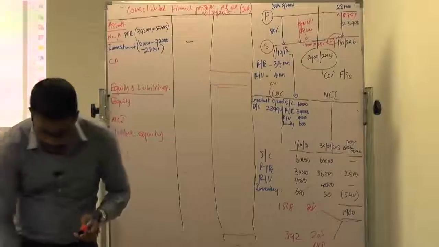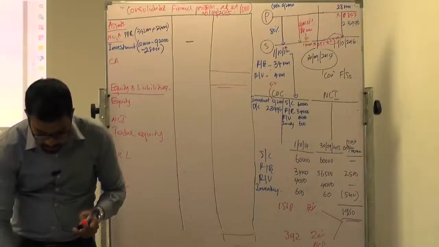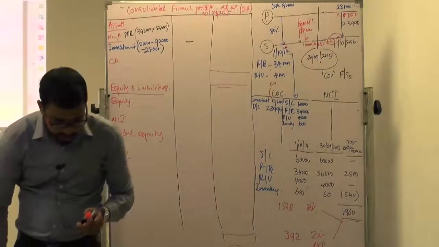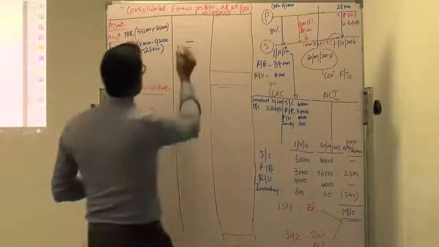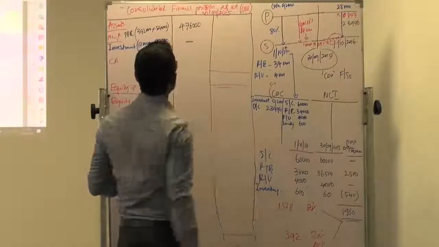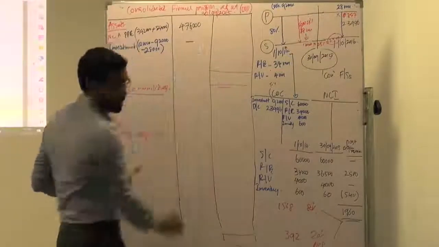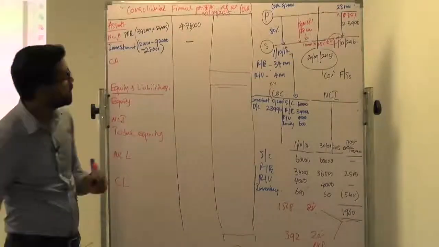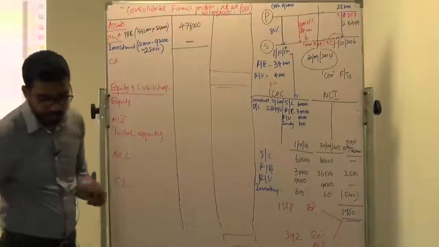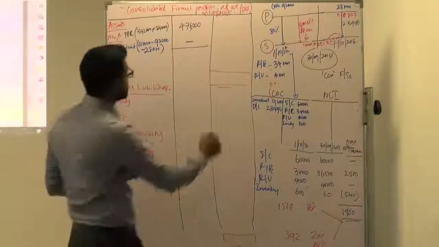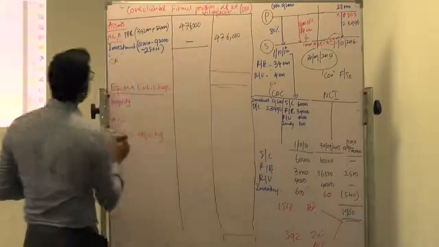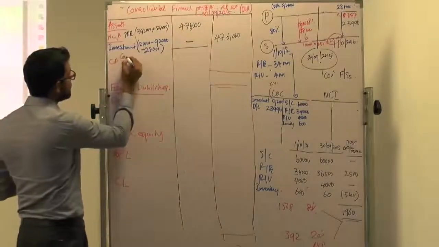Add together: 392,000 plus 84,000 is 476,000. In your balance sheet, investment is 0. All together non-current assets are 476,000. Then you have to consider goodwill.